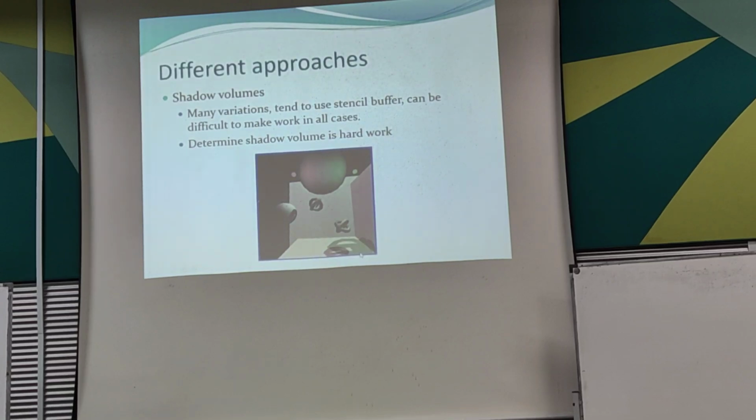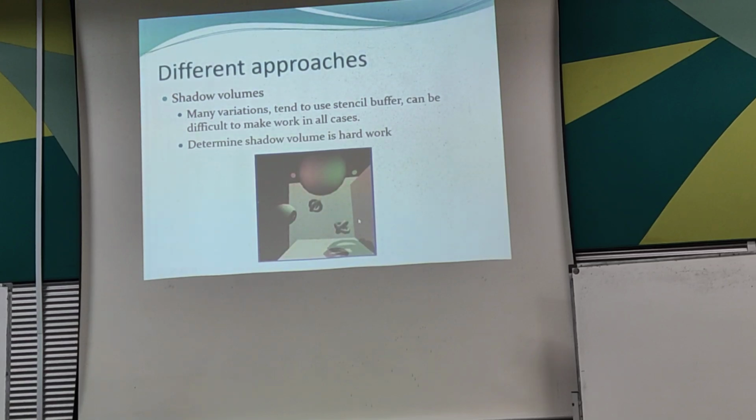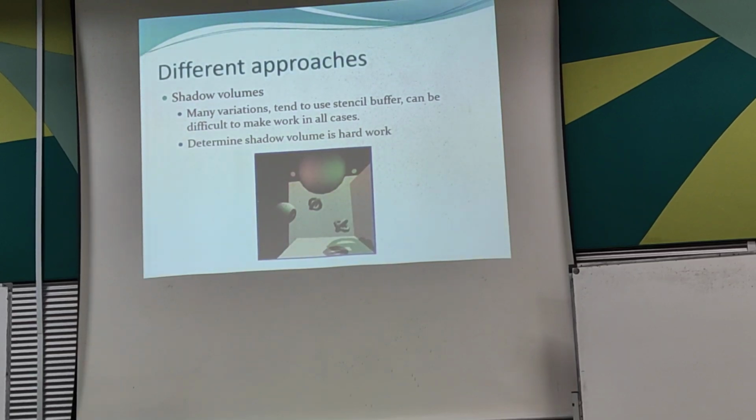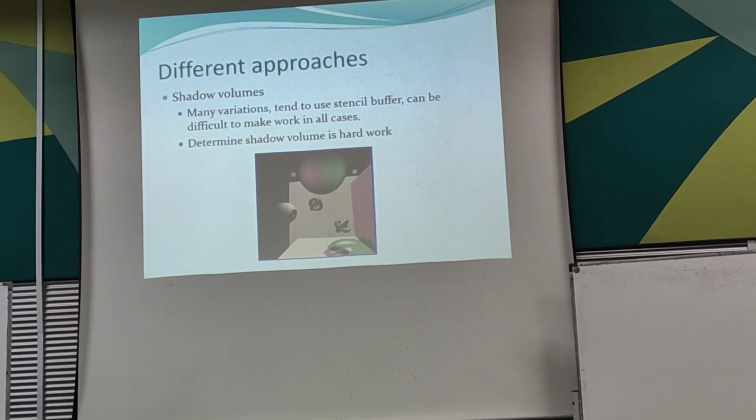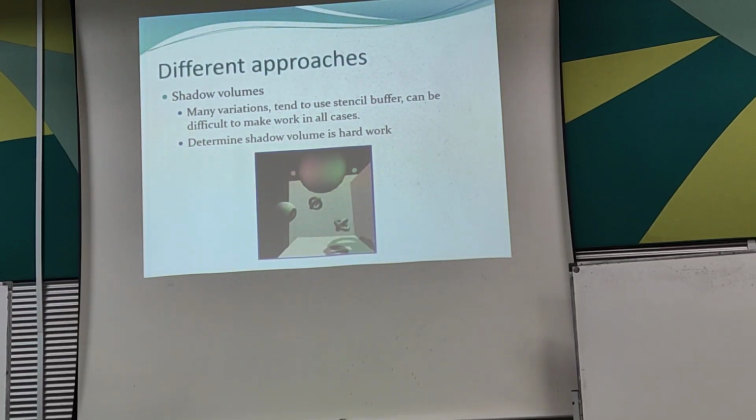If your plane is closer, then your shadow will be smaller. You need all this information. That's why it's hard work. It's very hard. If you want to do this, it will be another course, advanced graphic programming.